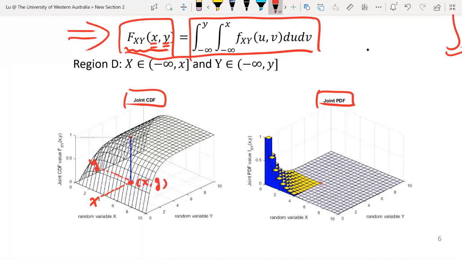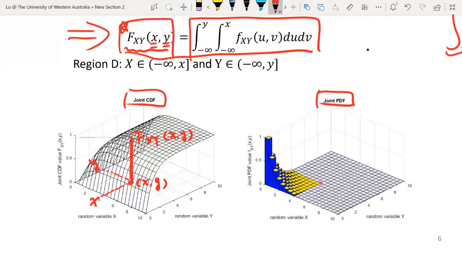Starting from this point, going up to the surface, you can find the fxy point. This point indicates our joint CDF. The height of this point is the value of this joint CDF at this given point defined by the lower x and the lower y.